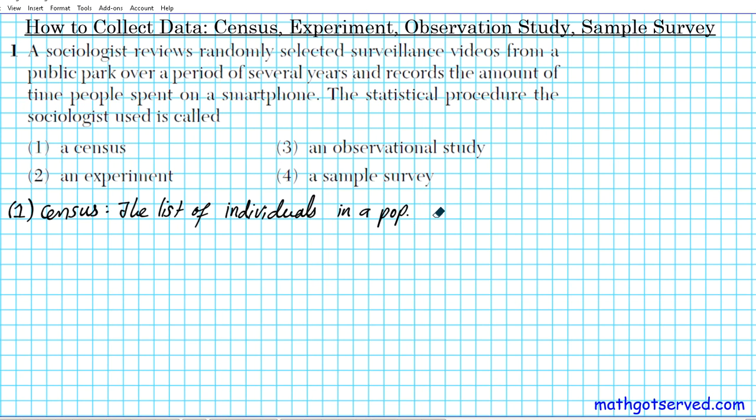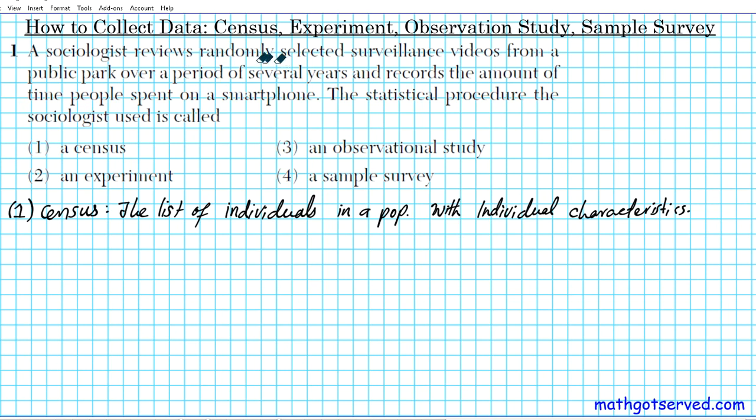The list of individuals in the population with individual characteristics. For example, if this sociologist wanted to count the number of people in a particular city and then document their race and their age, stuff like that, that will be representative of a census statistical procedure.